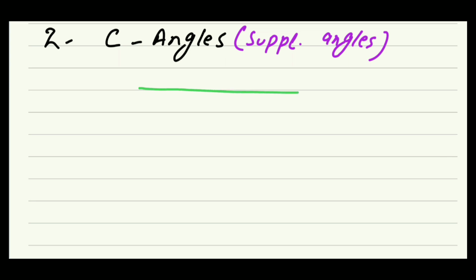Again, two lines will be parallel like that, and one straight line will be intersecting those parallel lines. You can see here a C shape.